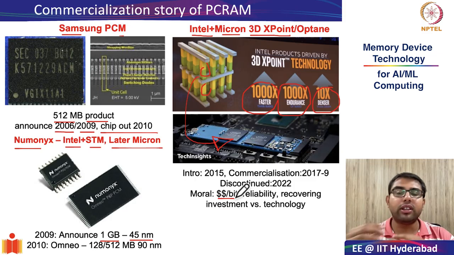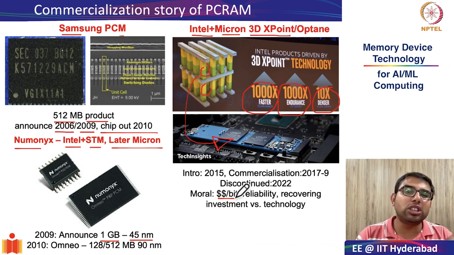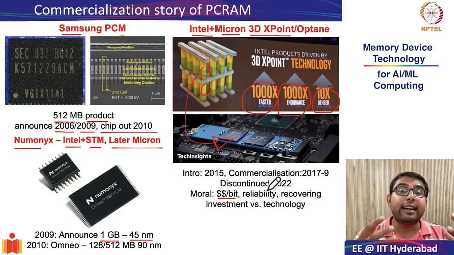And finally, the rapid improvements in multi-bit 3D NAND flash technology drove down the cost per bit for producing very high quality and reliable NAND flash. This was the reason why, despite having excellent technology in the form of PC RAMs, they were discontinued.